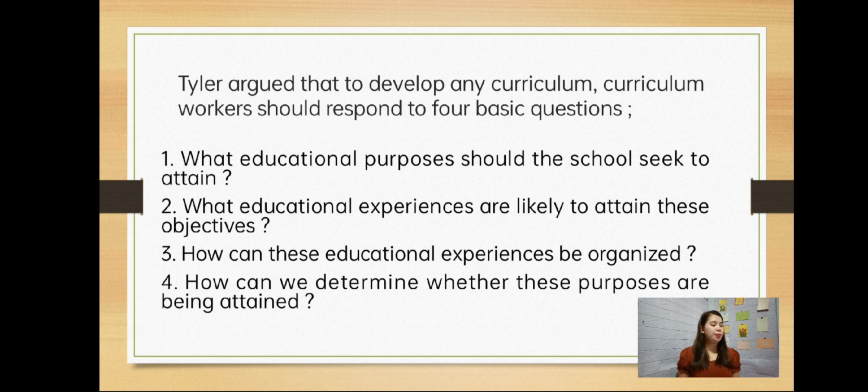What educational purposes should the school seek to attain, or selecting the objectives? It is about determining what the school's purpose is, or what the school wants for its graduates, for its students. For example, the school wants its graduates to be critical thinkers.